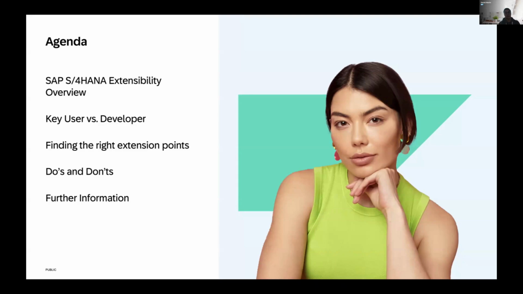And then we look into the first main issue that customers often have, which is how do I find the right extension point? So how do I find out what I need to extend? Then the main part comes, which is taken over by Karsten, the do's and don'ts, really what you should need to consider. And at the end, we give you some further information, some links, blog posts, and so on.